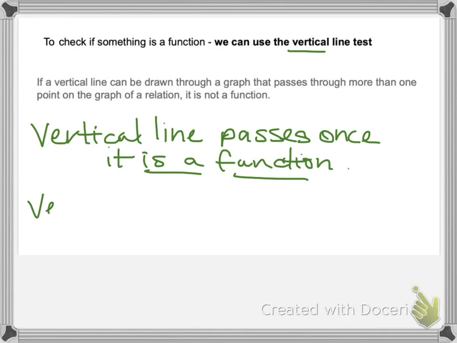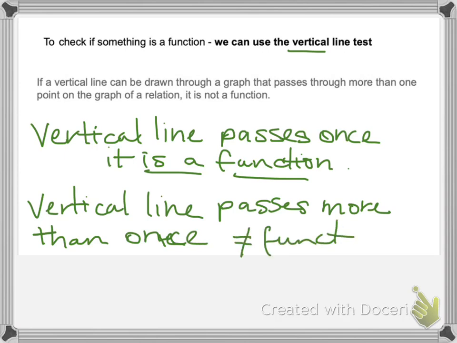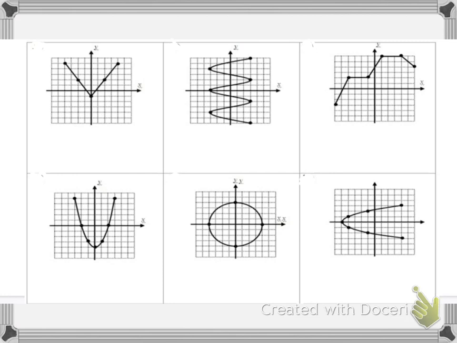If we have a vertical line and it passes more than once, passes through my graph more than once, the relation is not a function. Does not equal a function. Not a function. Okay? Let's try some examples.